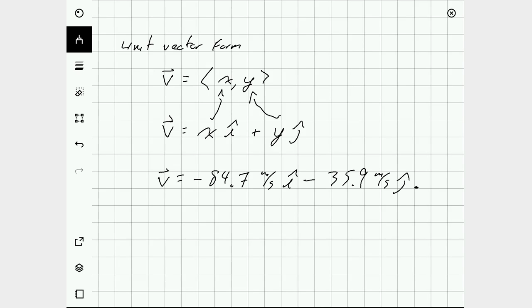Again, pay attention to what the problem is asking. If the problem is asking for component form, use the angle brackets. If the problem is asking for unit vector form, use i and j.